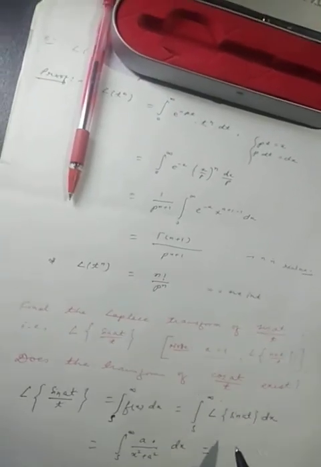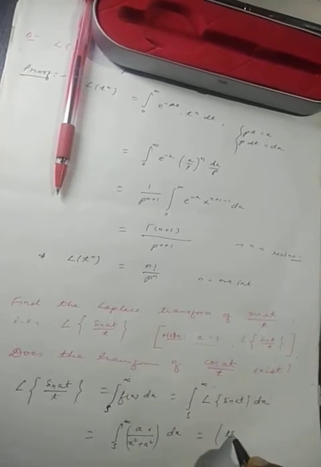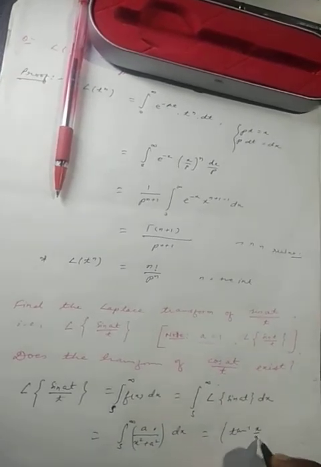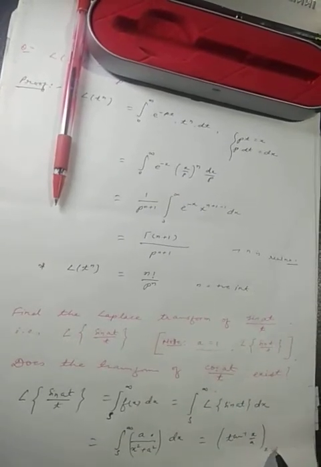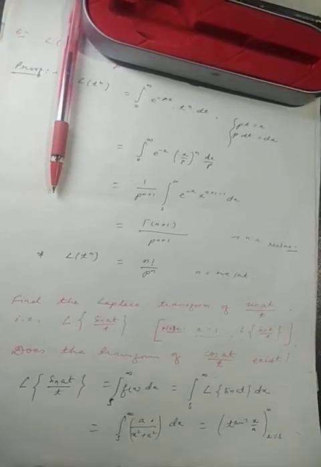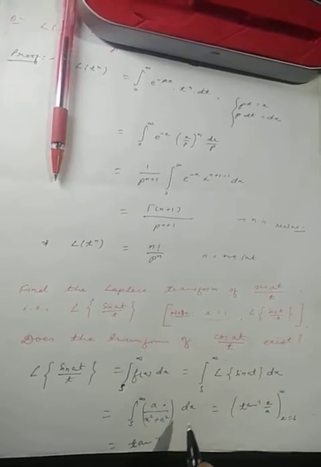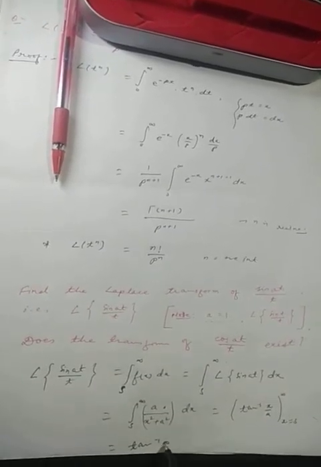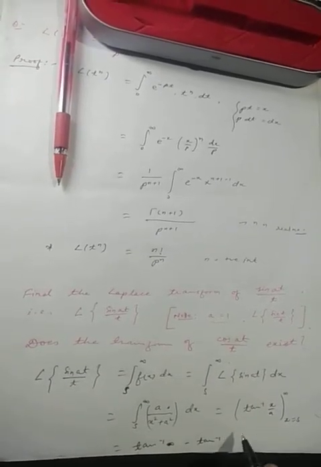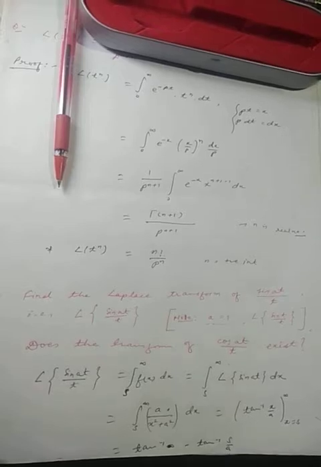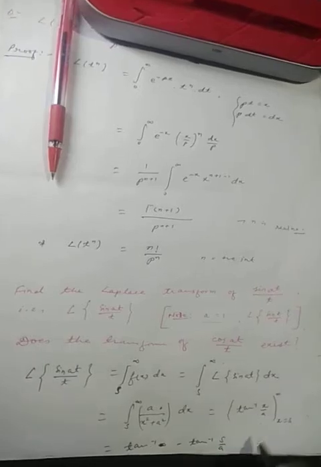Okay, so you know this integral is obviously tan inverse x upon a, where x varies from s to infinity. So this will give you tan inverse of the upper limit, that is infinity, minus tan inverse of s upon a.